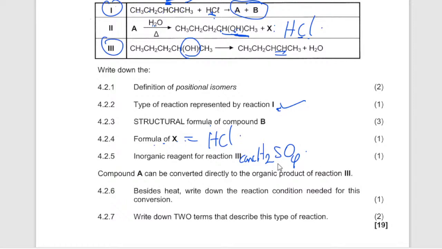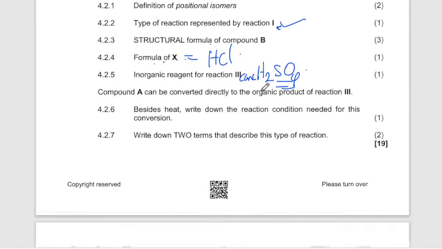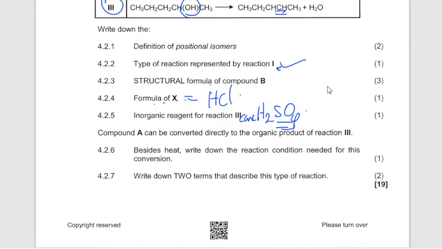So in this case, sulfuric acid would be the best answer. However, if you wrote concentrated phosphoric acid, it is also correct. Maybe the books are not talking about it, but it could be there in the memorandum. So concentrated phosphoric acid is also allowed in that regard.